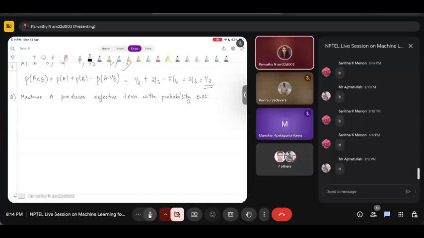Machine B produces defective items with probability 0.08, assuming independent.